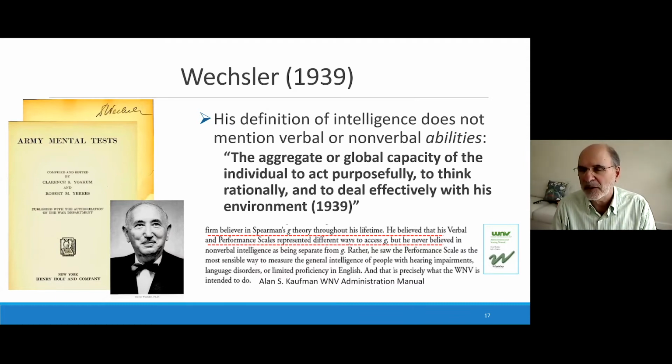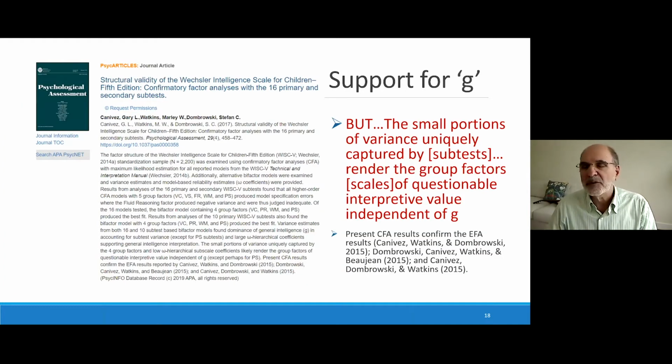Very sexist, by the way, his environment. But you know, Wechsler was a firm believer in G throughout his whole lifetime. He never believed in verbal or nonverbal types of intelligences, even though we have been taught to think of the tests in those ways. But here's the really important thing that you need to know about.